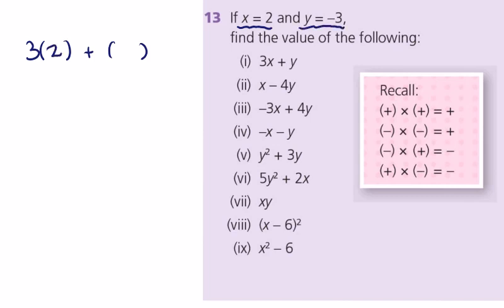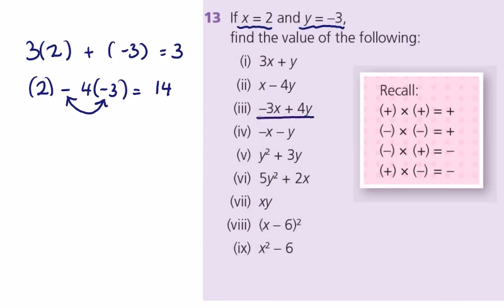This will be 6 minus 3, which is equal to 3. On to number 2, x minus 4y. So we have 2 minus 4 times y, which is minus 3. So this is a minus by a minus. Minus 4 by minus 3 is plus 12. And 2 plus 12 is 14.